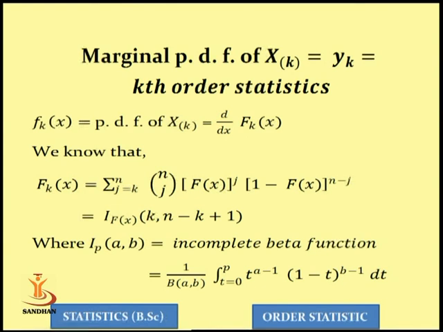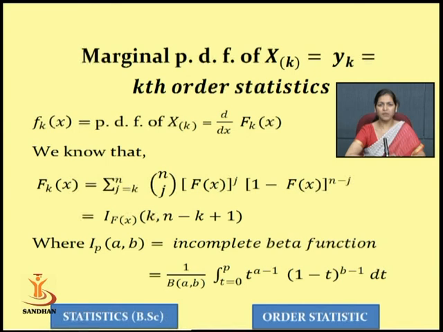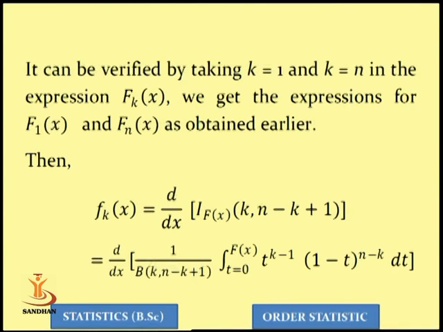So now, having obtained the joint density of all n order statistics, we can derive the marginal density of the kth order statistic. Again, that can be obtained by differentiating our distribution function. Now we have the form of the CDF of the kth order statistic as we had discussed previously. To derive this, we are going to get an incomplete beta distribution if we go by the differentiation method.